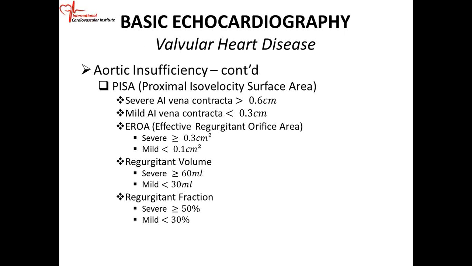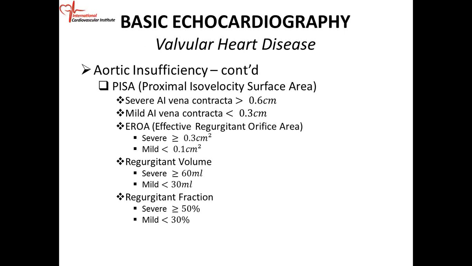The column has an area and it has a width. So the vena contracta is the width, the length. If that length is greater than 0.6, sorry, not centimeters squared, it's a width, so it's centimeters. If it's greater than 0.6, it suggests severe AI. If it's less than 0.3, it suggests mild AI.